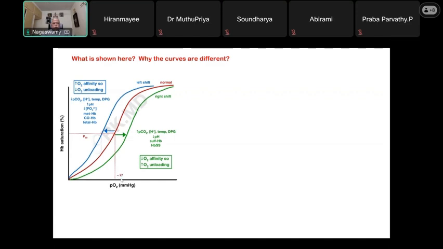If the PO2 is 27 millimeters of mercury, you expect the saturation to be about 50%. This is the normal value, and accordingly it will get shifted when the ODC curve gets shifted. Even at a lesser percent it will be saturated and able to deliver, so we can understand that by this P50 value.